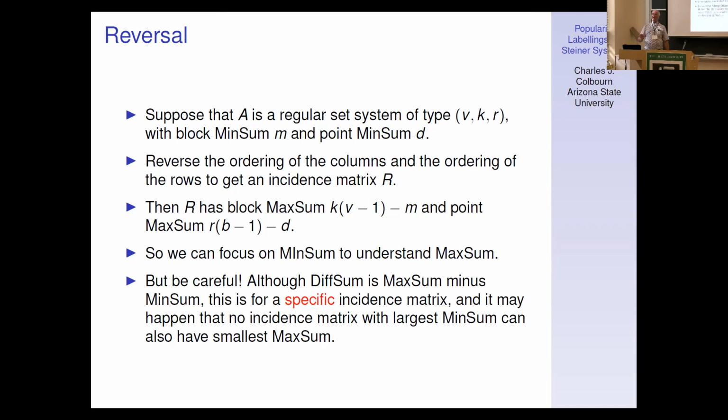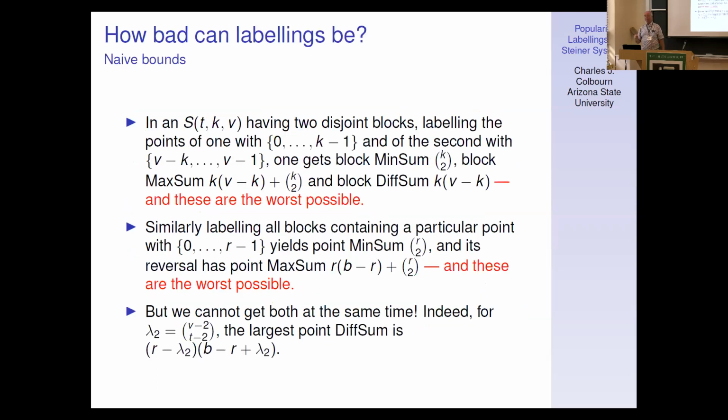But that's not even the case for a specific set system, because different labelings, the one that gives you best min sum may not give you best max sum, okay? Okay, so let's jump in and see what we can say.